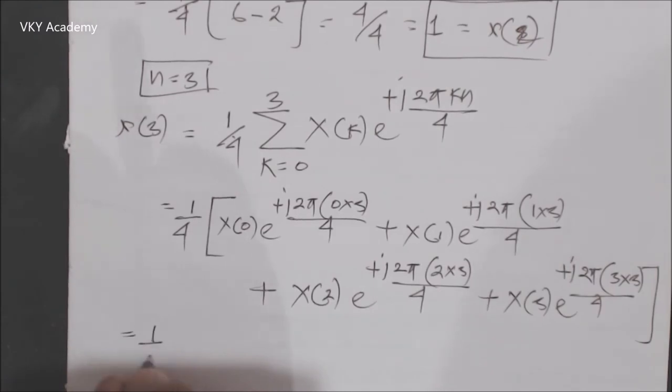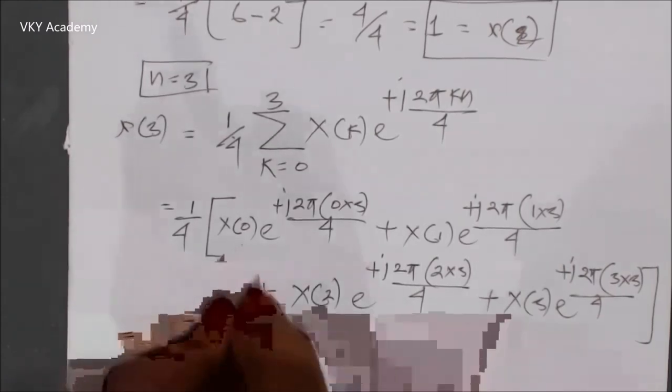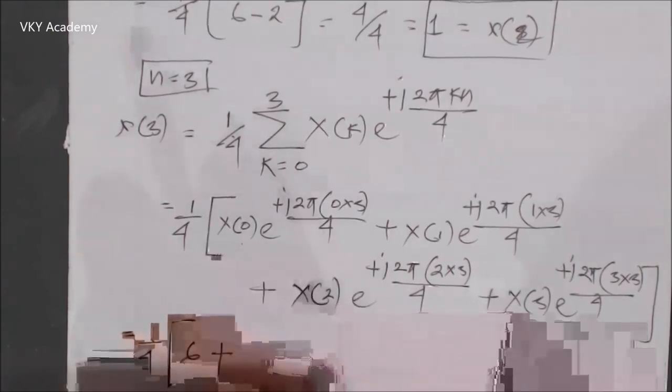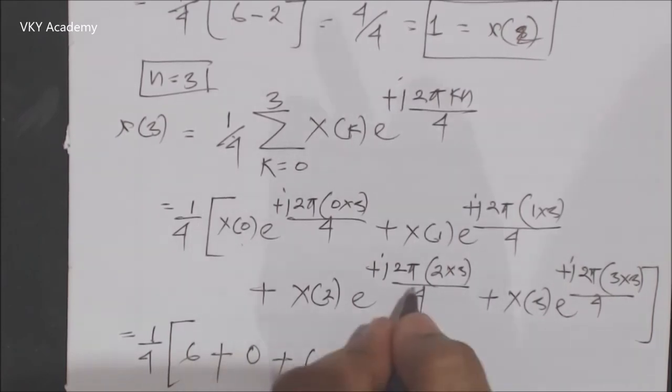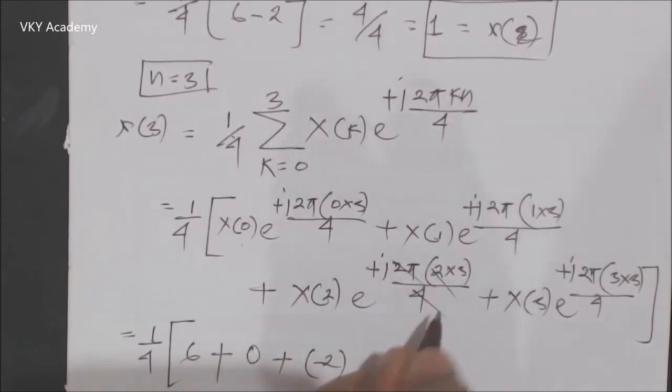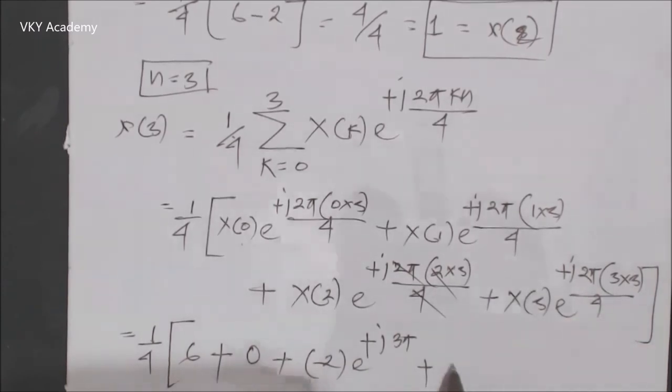Which is 1 upon 4 whole into x of 0 is 6, e to the power 0 is equal to 1, plus x of 1 is 0, 0 into e to the power something is 0, plus minus 2, x of 2 is minus 2, e to the power, this one gets cancelled out, e to the power plus j 3 pi, plus x of 3 is 0 and this will be 0.